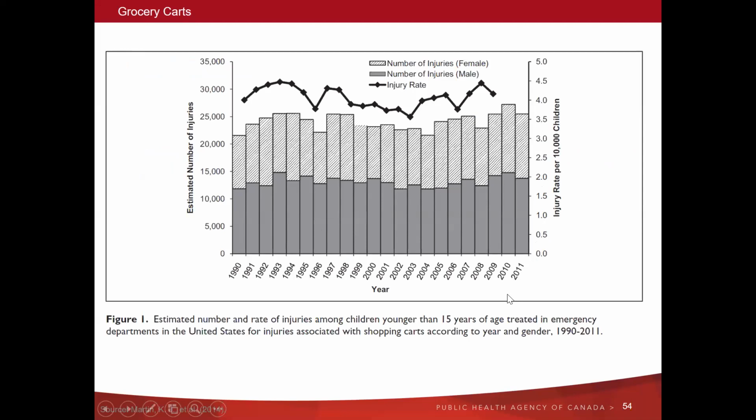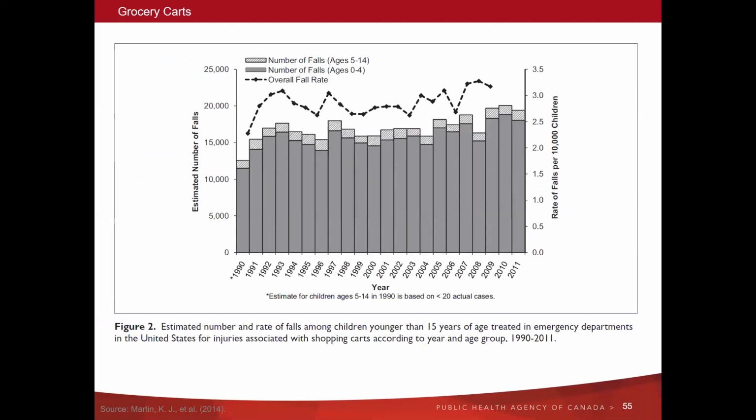This graph is for children who are younger than 15 years of age. Looking at the specific graph for children between the ages of 0 to 4 years, we notice a positive slope. The authors noted an annual increase of approximately 56.8% in the rate of shopping cart falls.